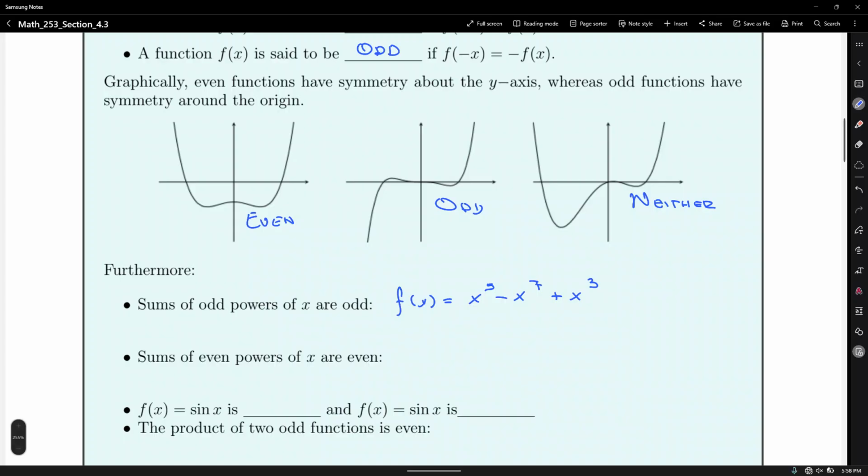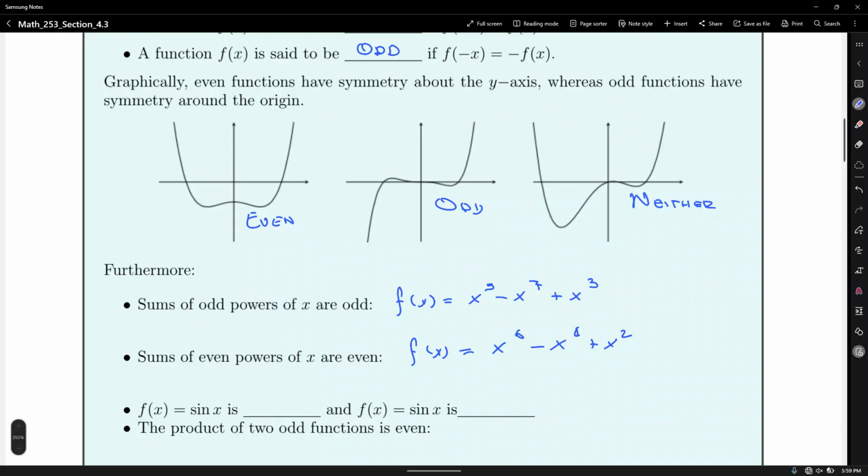Sums of even powers of x are even, like f of x equals x to the 6 minus x to the 4 plus x squared. That's another even function because negative x to the 6th power is still positive, negative x to the 4th power is still positive, the negative sign in front remains there, and negative x squared is still positive x squared.